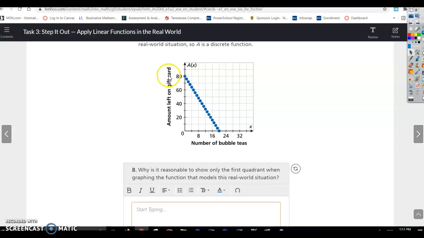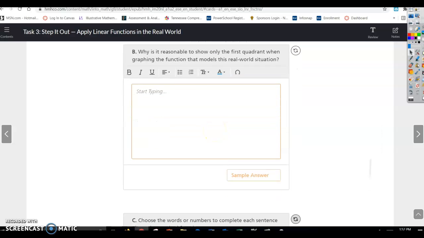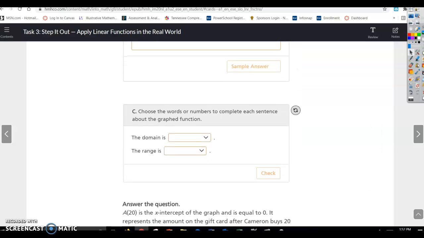So when the money is gone, that is all you can do with it. It just turns into trash, so you throw it away. So we don't need negatives here. Also, you're not going to have negative numbers of glasses of tea. So again, we don't need anything except the first quadrant. That's only numbers that would be reasonable.